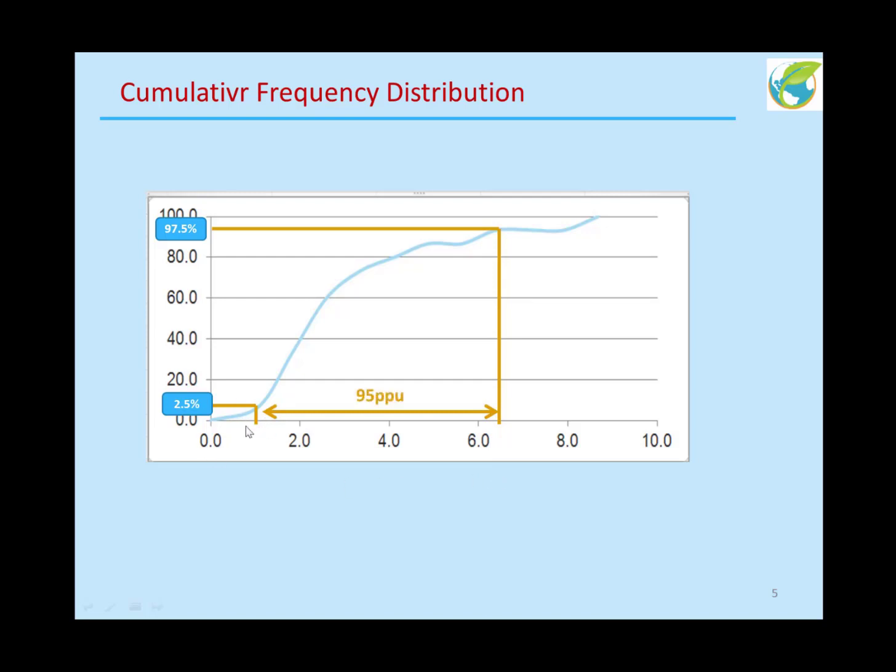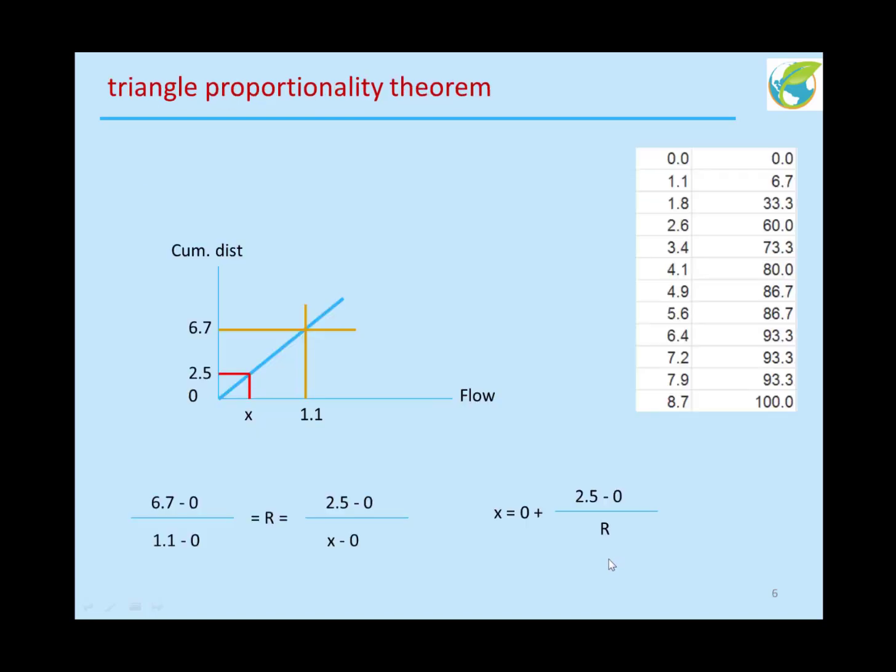So now the question is, how do I calculate what that is? For that, let me show you this graph. I'm using the triangle proportionality theorem. This is my data, that's my flow interval, and that's my cumulative distribution again. Now, 2.5%, as you see, falls in this interval from 0 to 6.7, and 97.5% falls into this interval here.